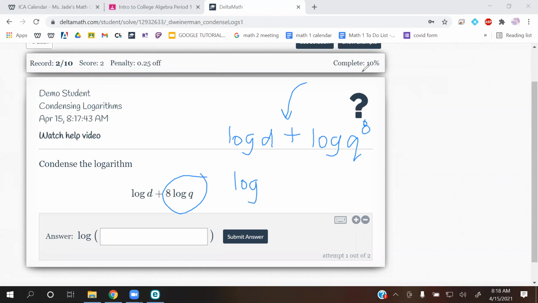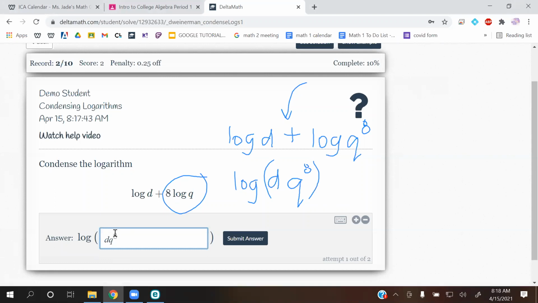So log of d times q to the power of 8. All of this is inside the log now. Since our two logs were being added, the values get multiplied. So that's our final answer. I'm going to type it in: d q to the power of 8. And then any questions? Submit.